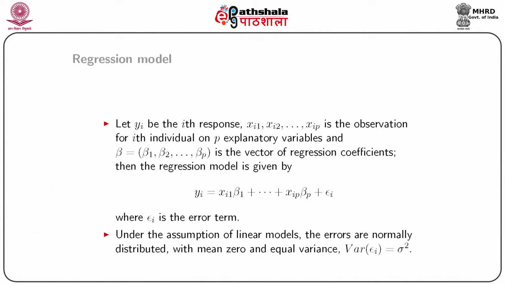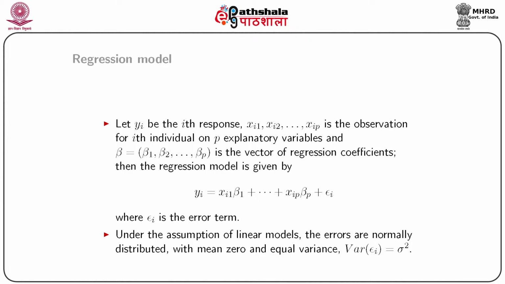Let us begin with the discussion of the regression model and the residuals that we can obtain from the model. Let yi be the ith response, xi1, xi2, ..., xip be the observations for the ith individual on p explanatory variables, and beta is the vector of regression coefficients beta 1, beta 2, ..., beta p.